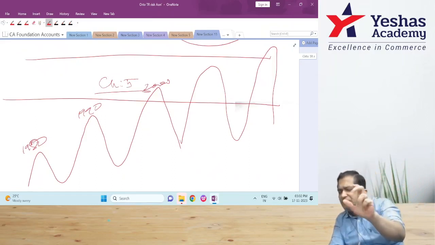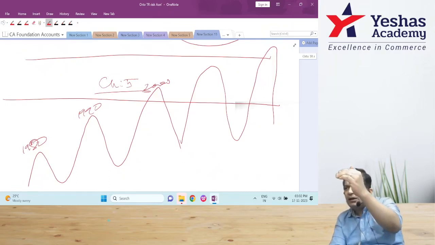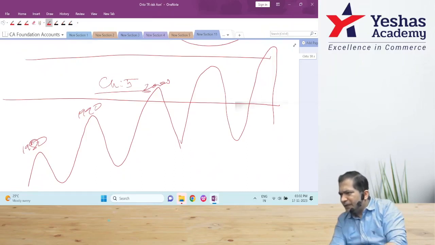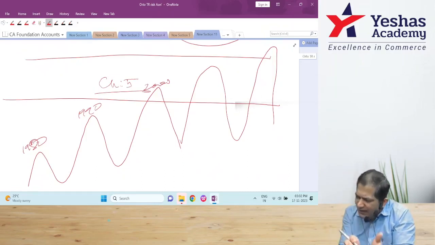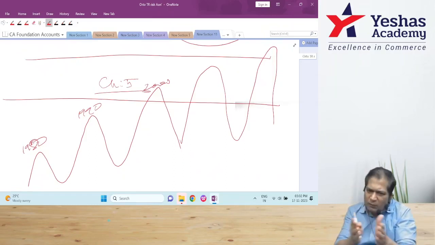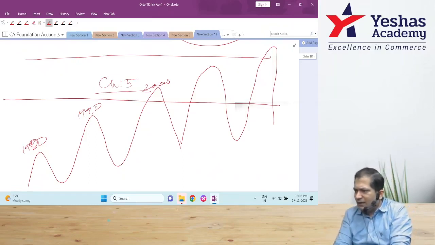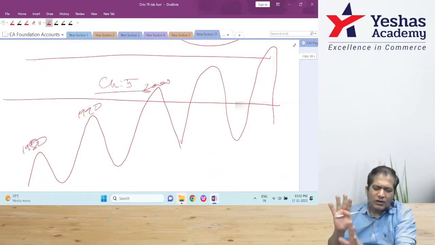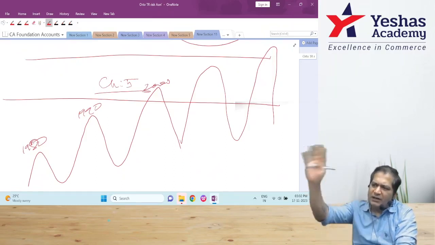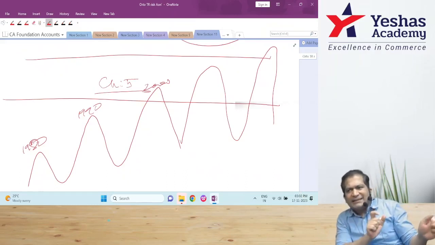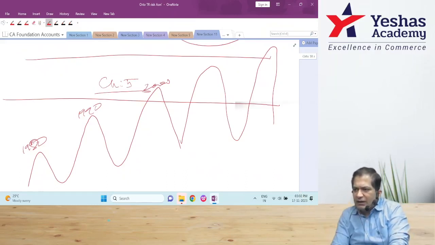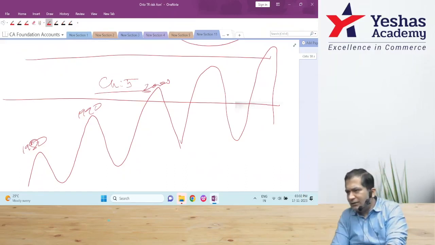So every time expansion begins, the economy continues to expand for between 5 and 6 years. So they have an average, and every time in the past it has happened. So this time also, if the expansion has started and it's been 1 year, expansion has begun in India. Can I conclude comfortably that expansion will continue for at least 4 years more? Past data will help us understand the pattern of changes in the business cycle.